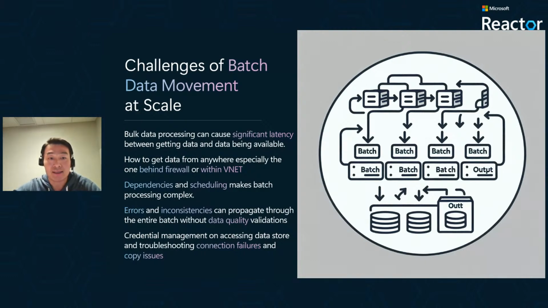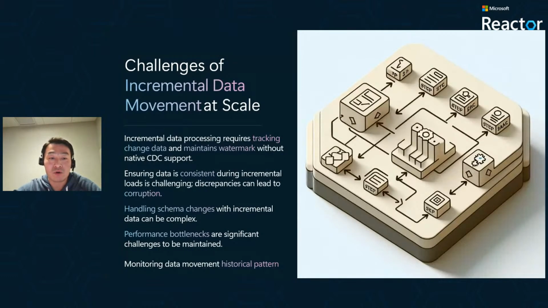So the next slide is talking about the challenge in another data movement pattern, where you may want to move data incrementally. As you know, people do not always want to reload the entire data set every time, but want to incrementally copy only the changes from last time so that you can improve the efficiency of the entire data processing flow.